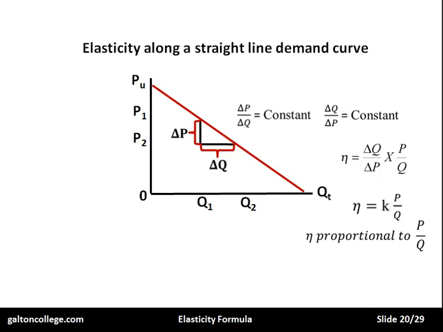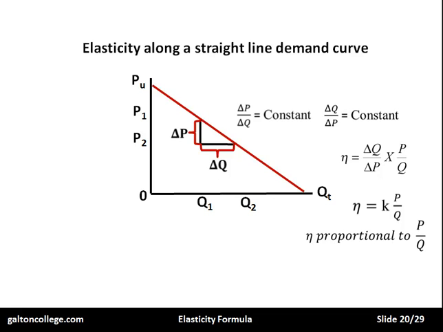Now, elasticity along a straight line demand curve. Well, this often crops up. If we look at this straight line demand curve, here we've got a change in price divided by a change in quantity. And that's equal to a constant. The slope of the curve is a straight line, so the slope of this curve is constant.